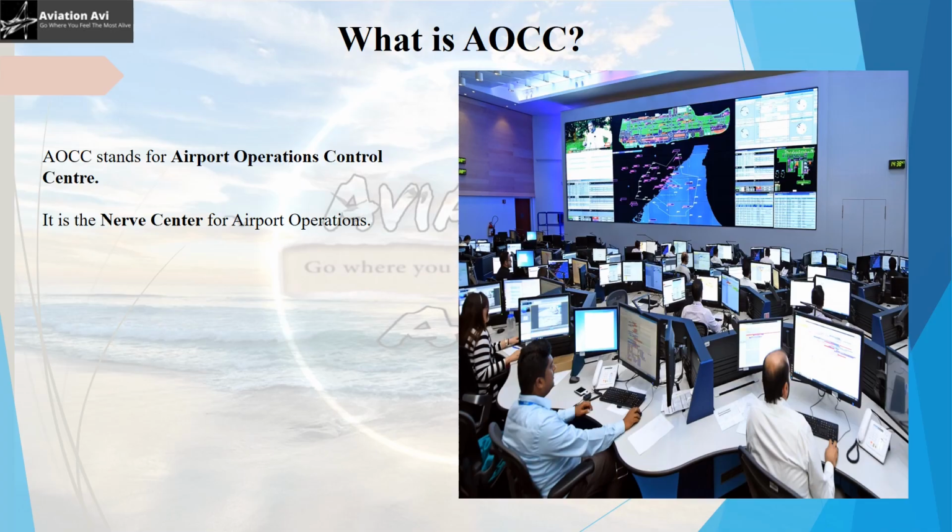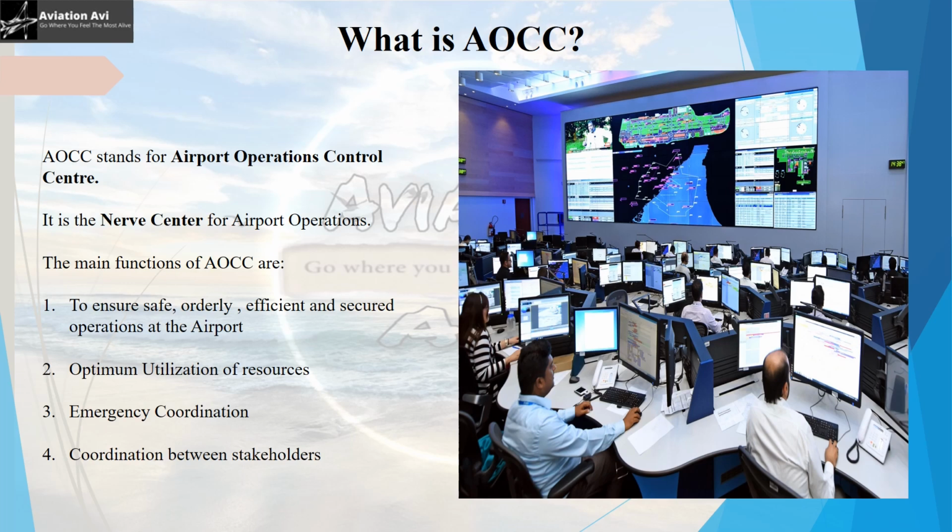So what is AOCC? AOCC stands for Airport Operations Control Center. It is thus the nerve center for airport operations. The main functions of this department are to ensure safe, orderly, efficient and secure operations at the airport.